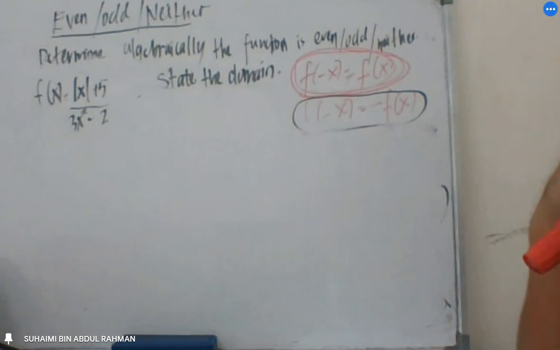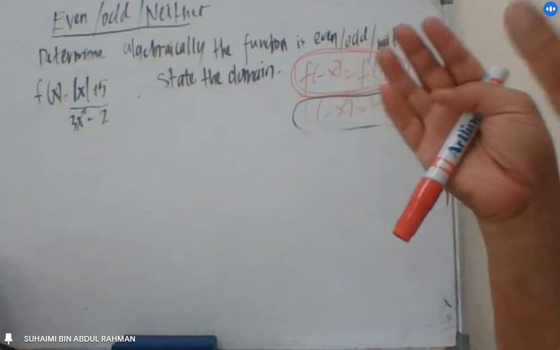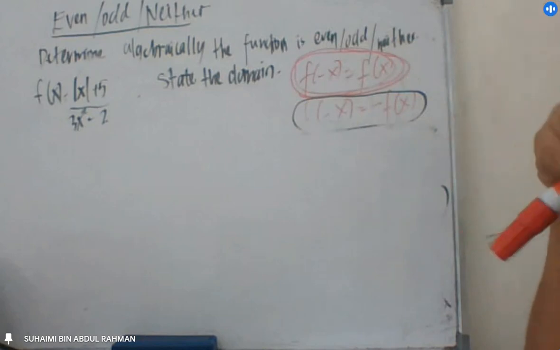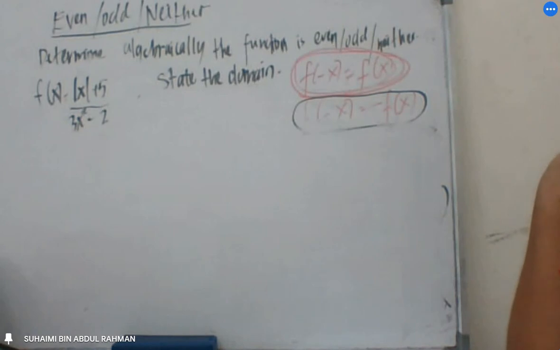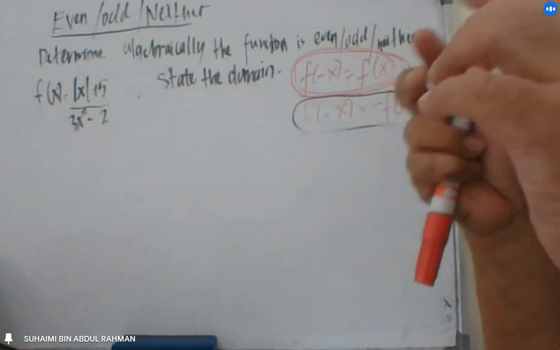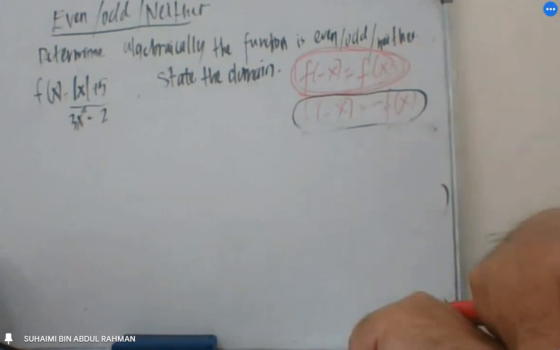What happened? If you say the domain is from minus infinity to infinity, which means every number, but you try to substitute with square root of 2 over 3, then you see what happened to our function.